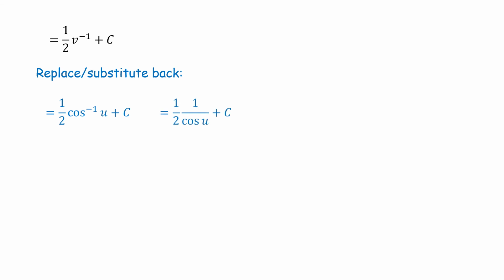That'll be 1/2 times 1 over cosine u plus c. Using the trig identity for what 1 over cosine u is equal to, we write 1/2 secant u plus c. Let's replace the u back with our original substitution of 2t plus 1. This will be 1/2 secant of 2t plus 1 plus c.